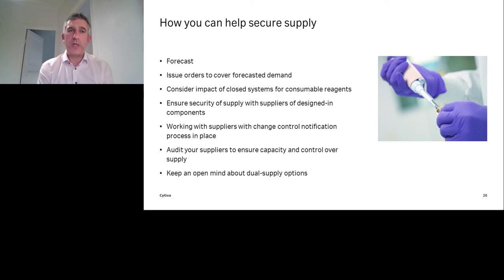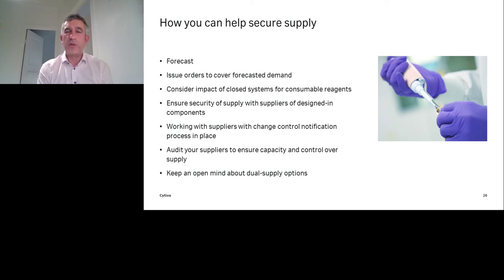When it comes to the systems and reagents choice, we would very much encourage consideration of the impact of closed systems. For obvious reasons, the use of open systems does facilitate security of supply, because for consumable reagents, a customer can choose from a number of vendors if they have to, if supply is constrained.